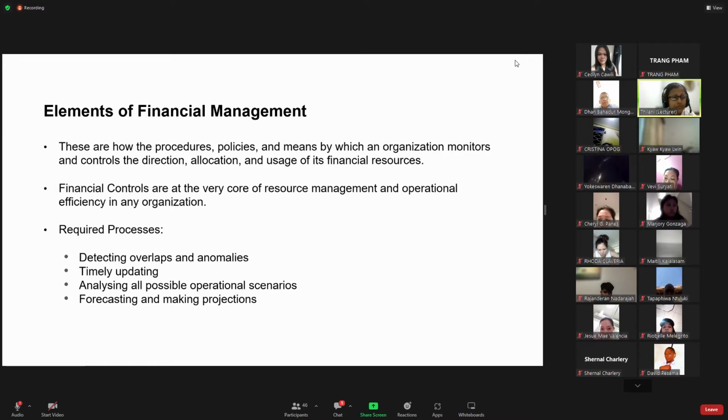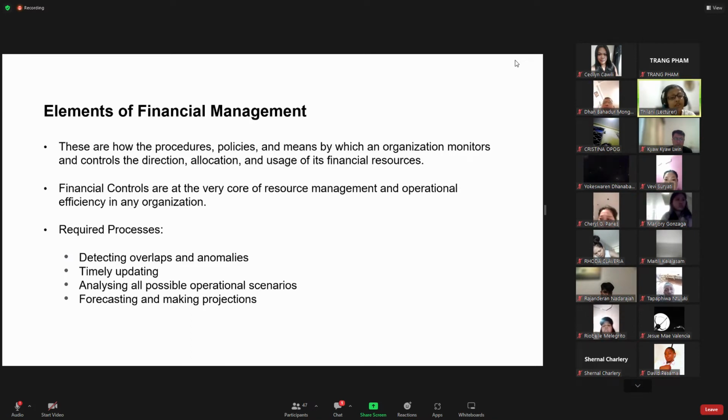There are procedures and certain policies that the organization follows, and they will monitor and control the direction, allocation and use of these financial resources. It's a very important aspect of the organization.